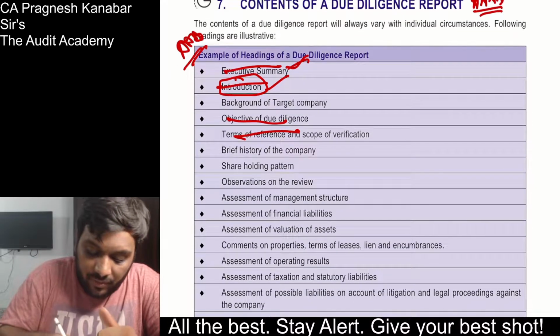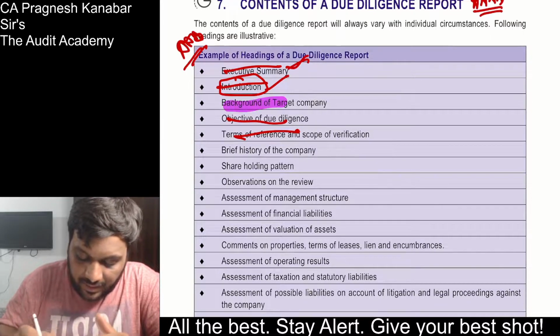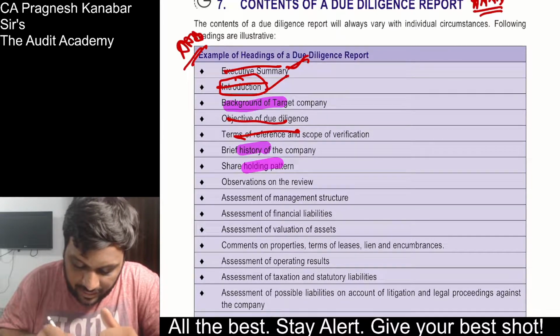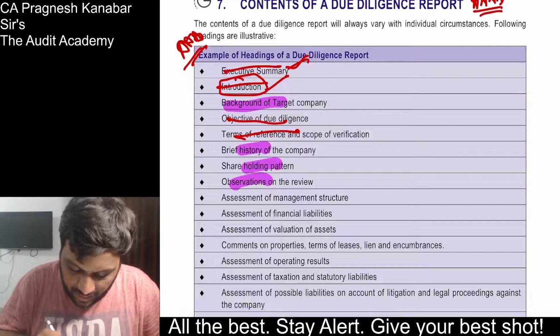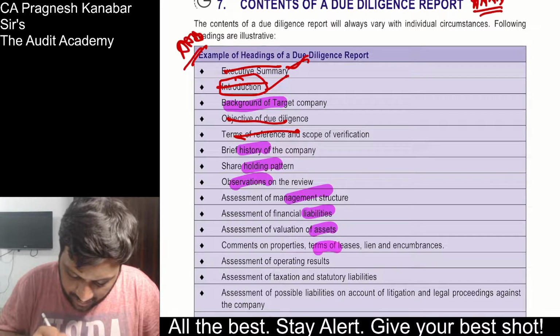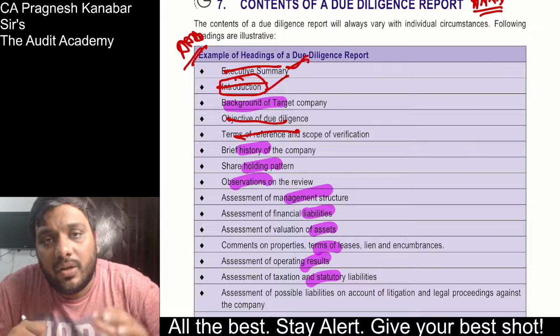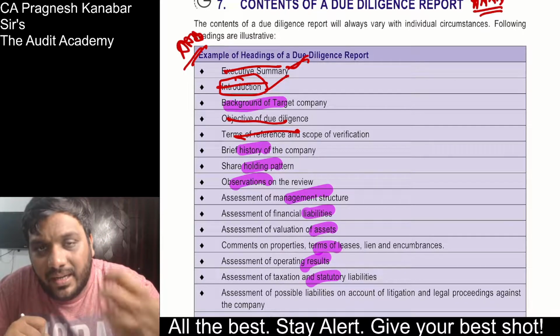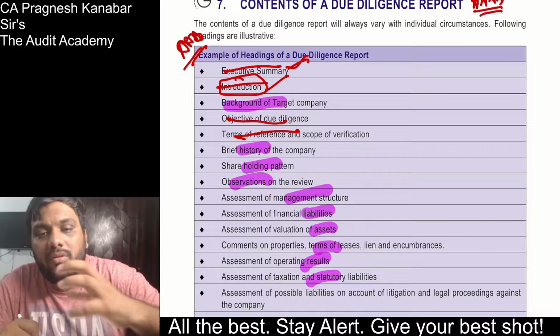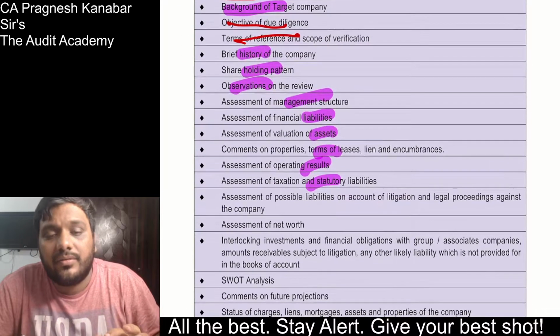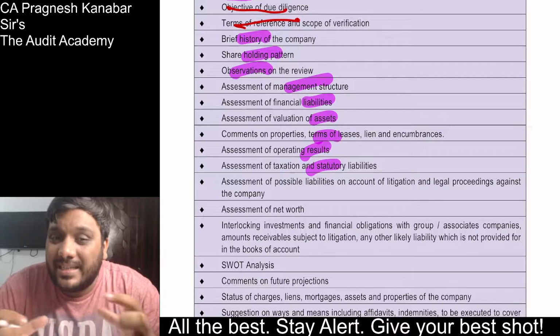So you'll have to give the background of the target company. Look at this: history, their shareholding pattern, what are your observations, their management structure, liability, asset, P&L, operating results, tax. So basically, whatever you have analyzed in your due diligence, you will have to write about it over here. All right, so that is how the answer can be expanded.